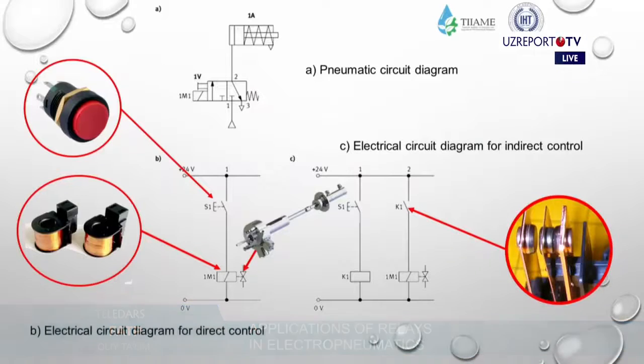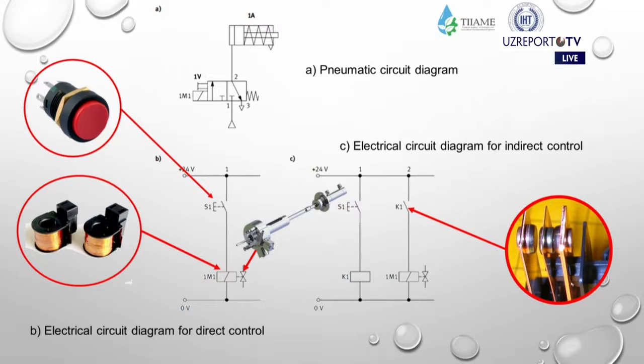You have a push button, S1, and you press this button. Then the current comes to the coil of our relay. When the relay takes enough voltage and electromagnetic field, it starts to connect your K1, and then the electropneumatics starts to work.